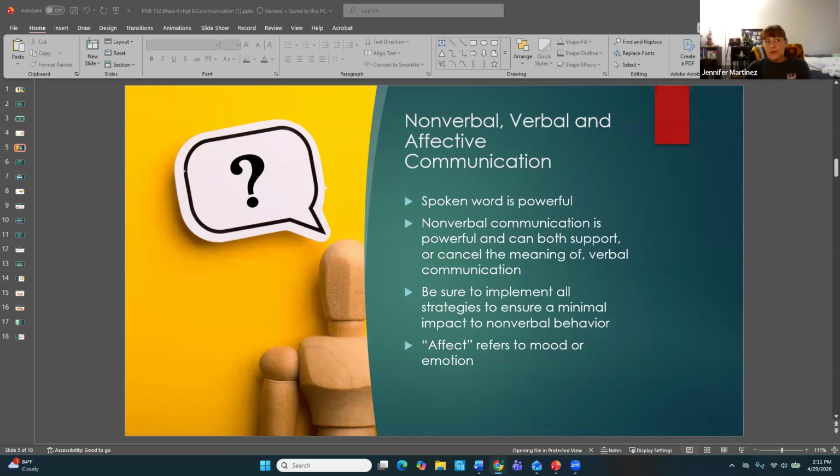The nonverbal communication is also powerful. It can either support or cancel the meaning of what you're saying verbally. So if I'm standing in front of the classroom, and this is just an example, and I'm up there like this and I say, yeah, I really care about making sure that you understand this material, how would you feel?